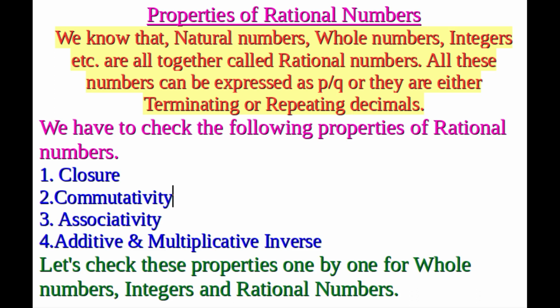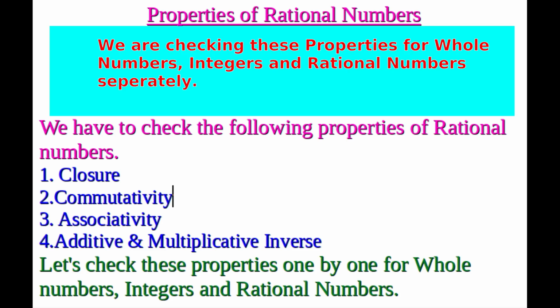There are mainly 4 different properties for rational numbers. First one is closure property, second one is commutativity, third one associativity, and the fourth one additive inverse and multiplicative inverse. Now we will go through each property in detail.